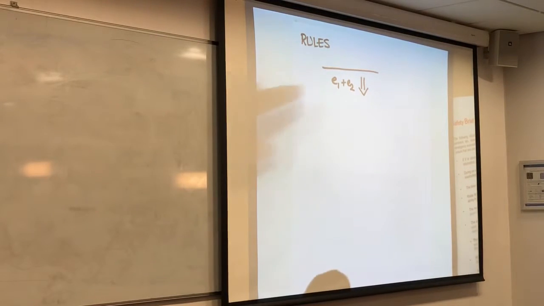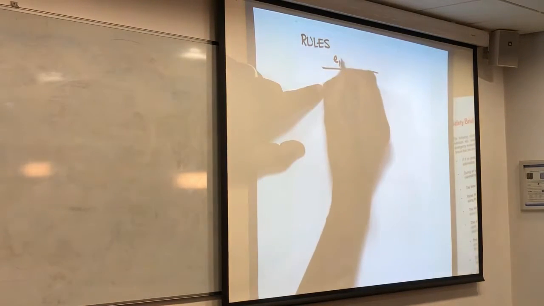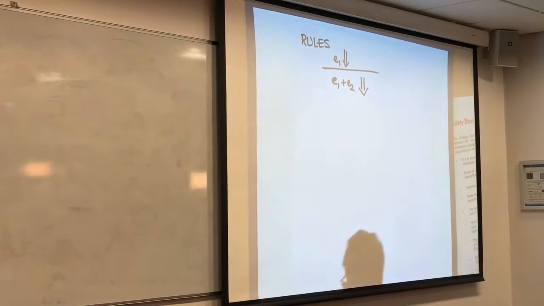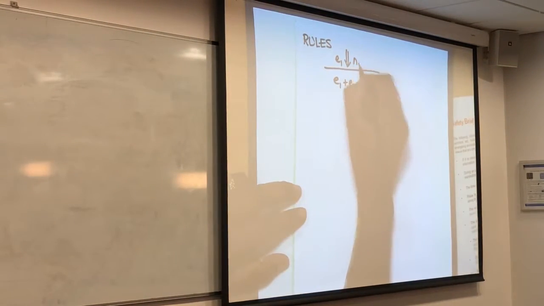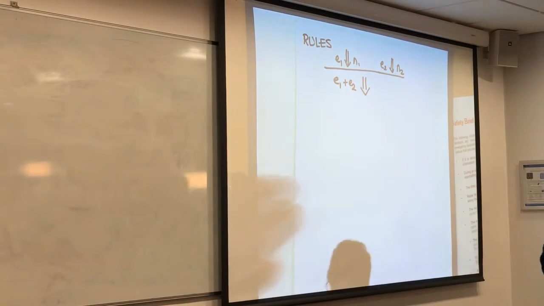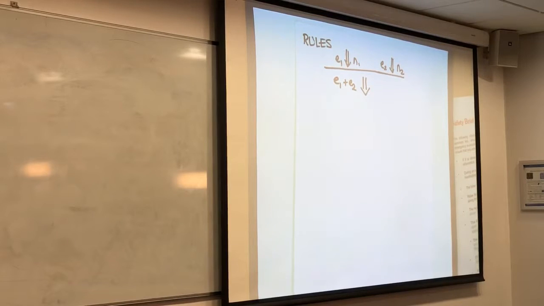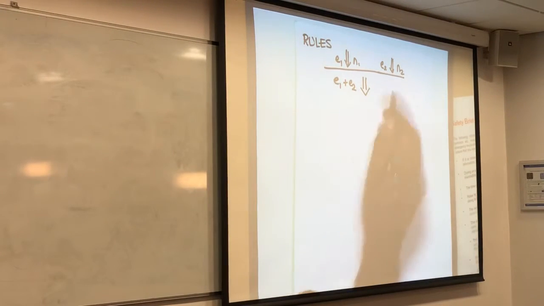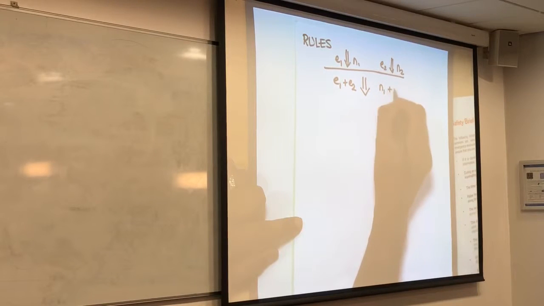So the natural first thing to do is to ask, what does E1 evaluate to? Let's say it evaluates to some number n1. And then E2 evaluates to some number n2. So we process the subtrees, the components of the program, and then we can work out the overall answer. If E1 evaluates to n1 and E2 evaluates to n2, then overall E1 plus E2 should evaluate to n1 plus n2.